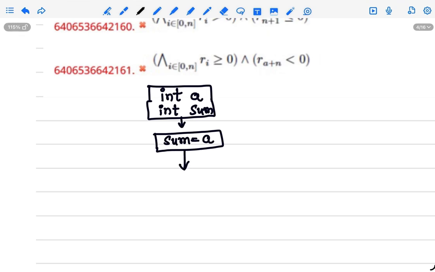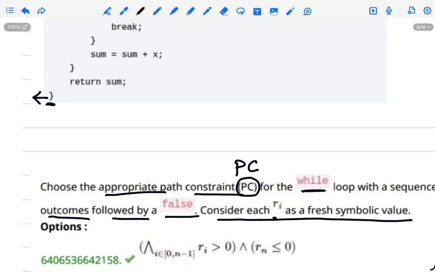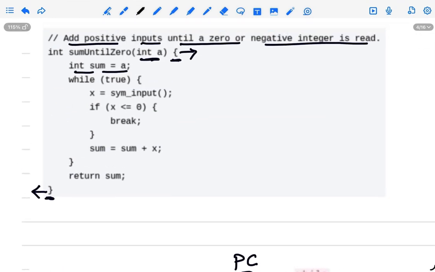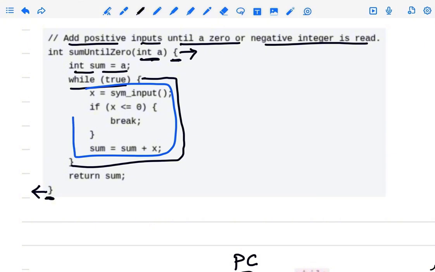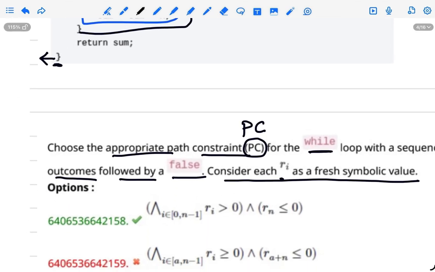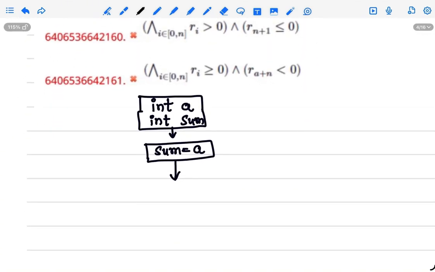And next, the while condition. While true, this block of blue color code is executed inside the while condition when it is true. So for the condition, we draw a diamond box, while true.